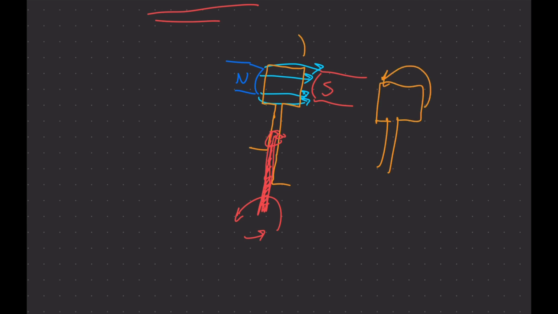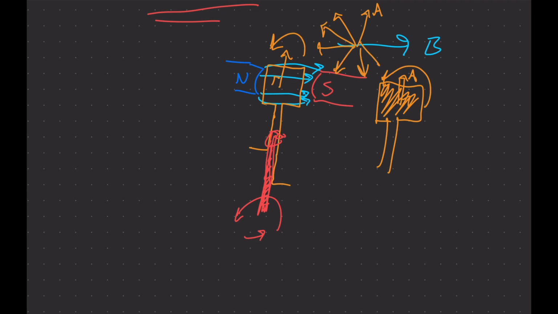Since it's rotating, the angle between B, so this is B, and A changes. A is the vector in the center of this thing, it has the magnitude of the area of this whole thing, and it's pointing perpendicularly outwards. So in this picture, you would have the vector A and the magnetic field B in this direction, and as the thing spins around, you would have A spinning around like this, right?